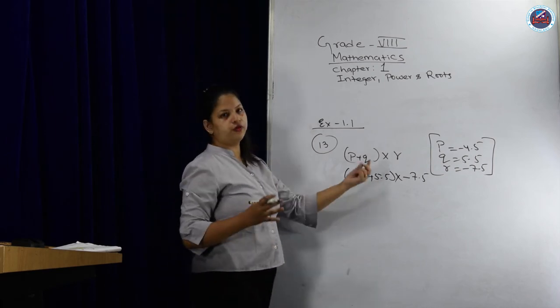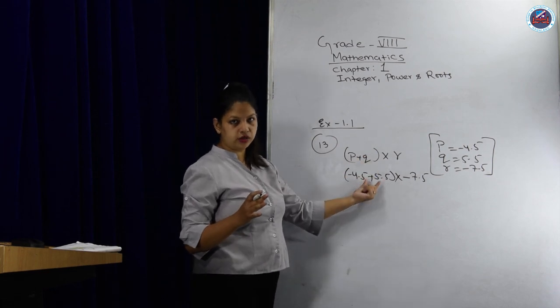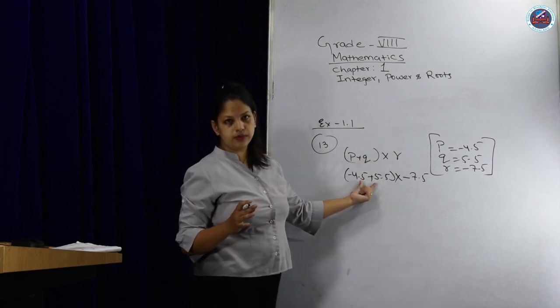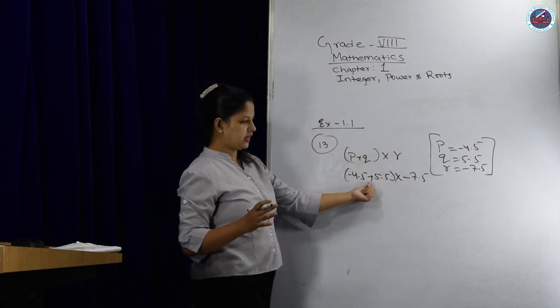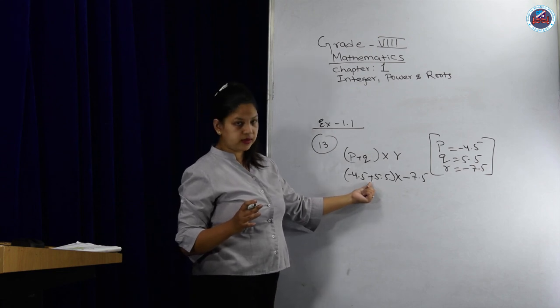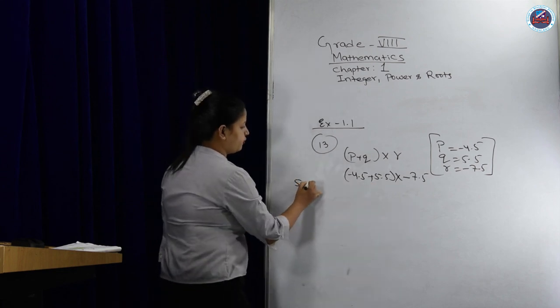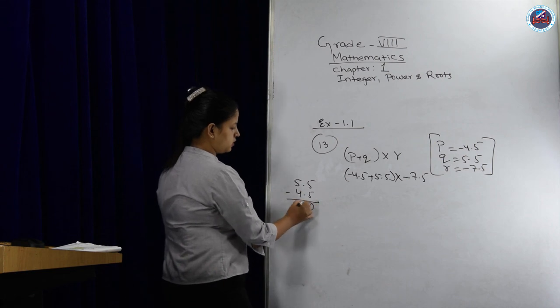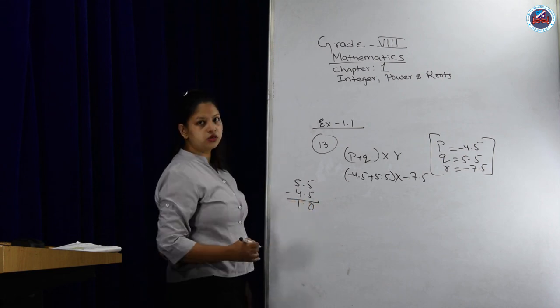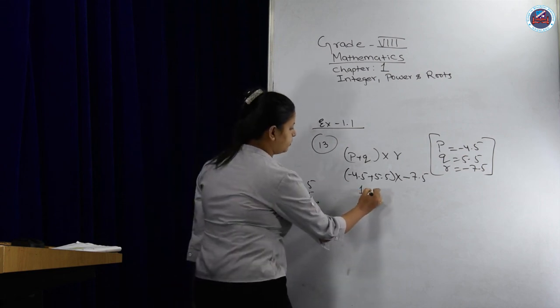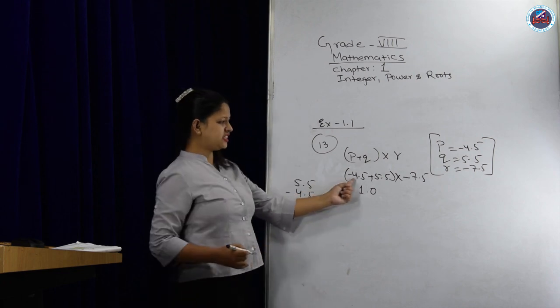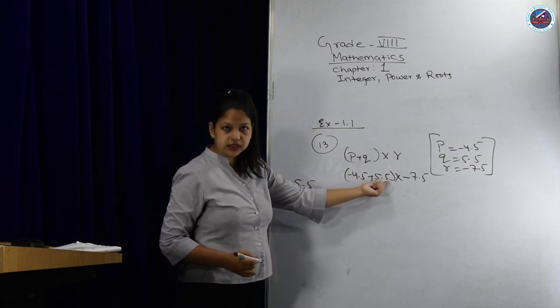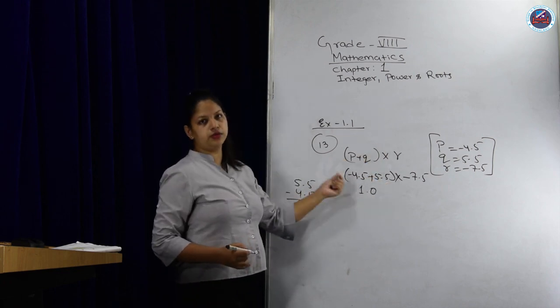So you first follow the BODMAS rule here, bracket off, you add whatever is in the bracket. So plus, minus, obviously you'll have to subtract them. So 5.5, 4.5, you subtract it. 5 minus 5, 0, 5 minus 4, 1. So basically it's giving you 1.0. And check the sign. 5.5 is greater, it's plus, then you can put plus here.